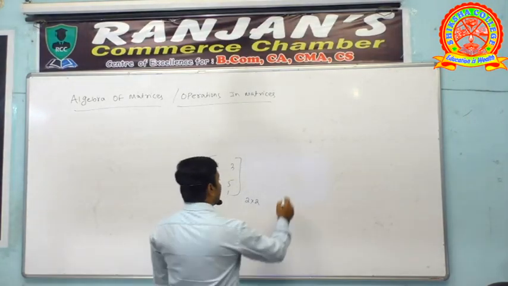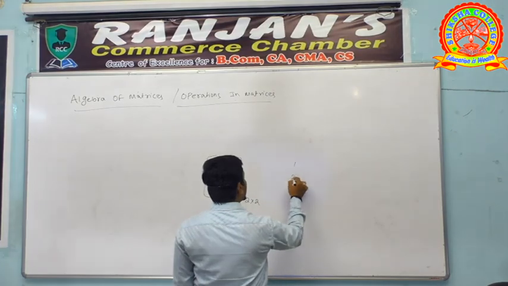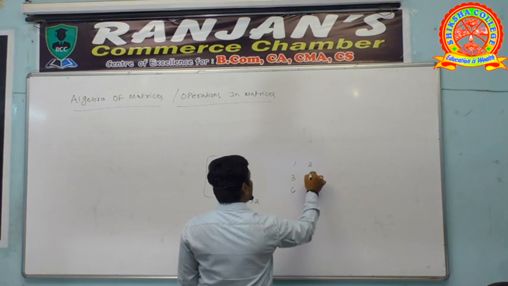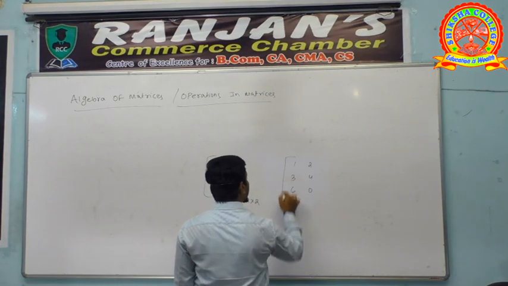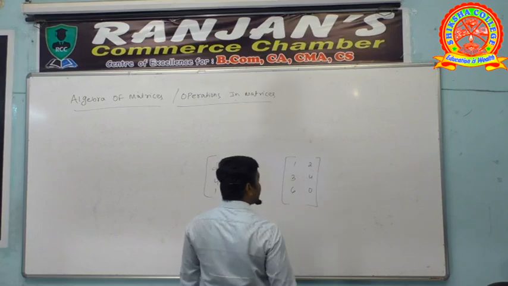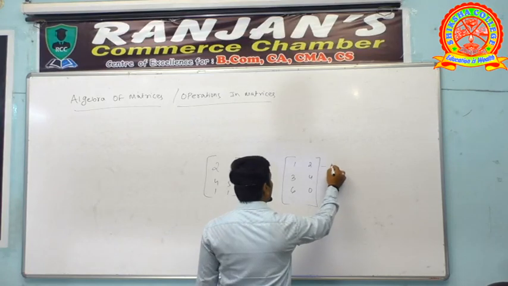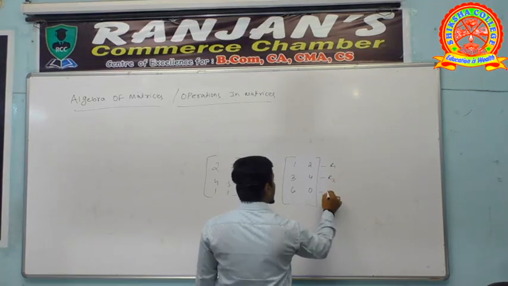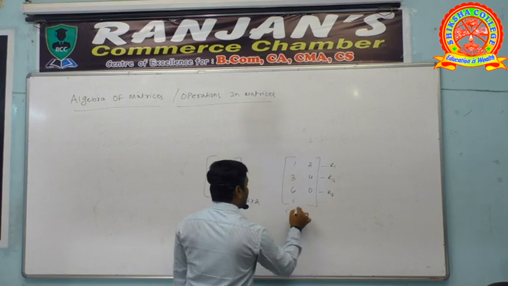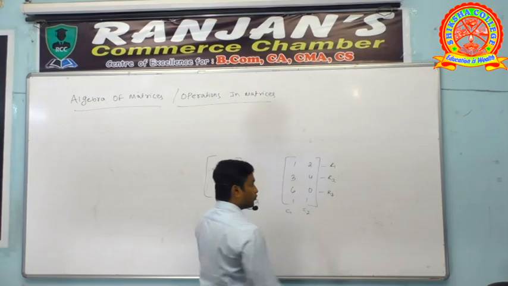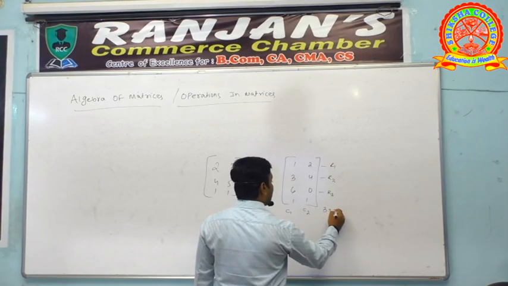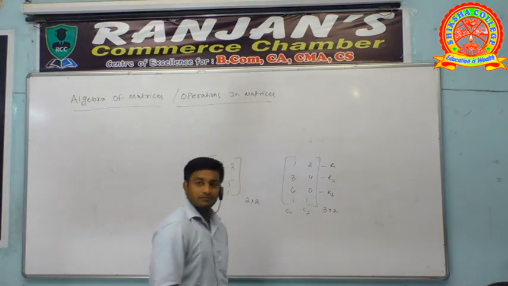Then again, if I say 1, 3, 6, 2, 4, 0, what is the order of this matrix? We have row 1, row 2, row 3 and column 1, column 2. So we have 3 rows and 2 columns.